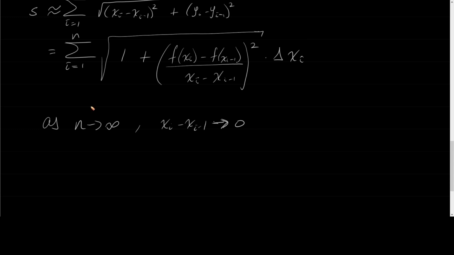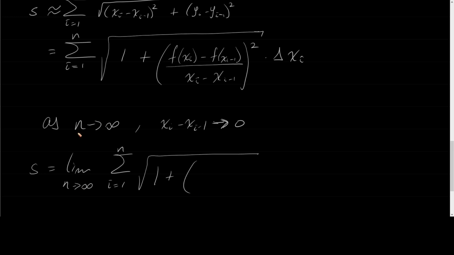Now, this essentially tells us that we have s being equal to the limit as n goes to infinity of the summation from i equals 1 to n of the square root of 1 plus, well, we said that as n is going to infinity, this is going to 0. And in here, this is essentially the alternate definition of the derivative.